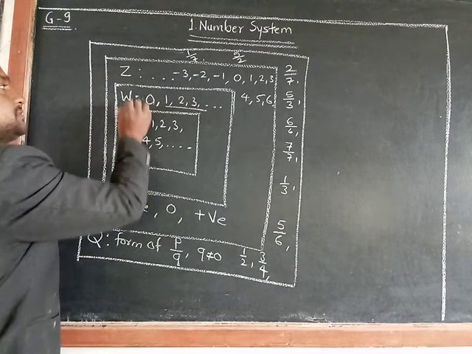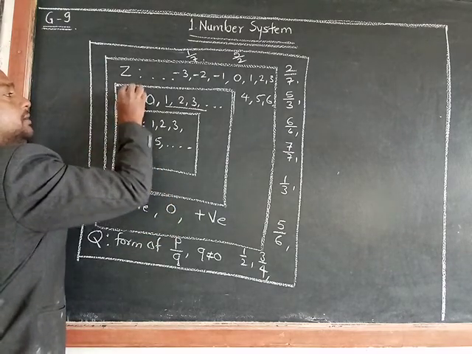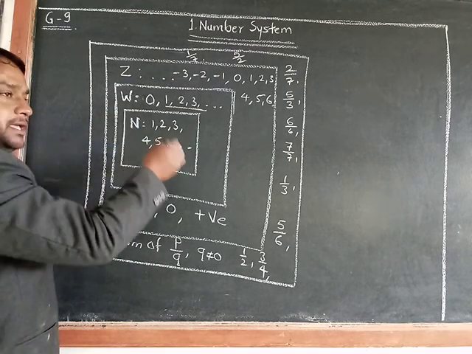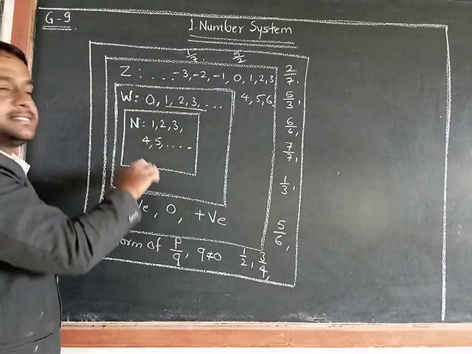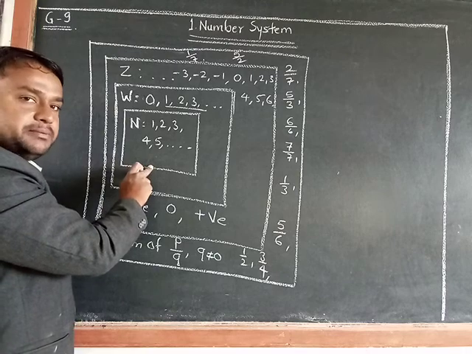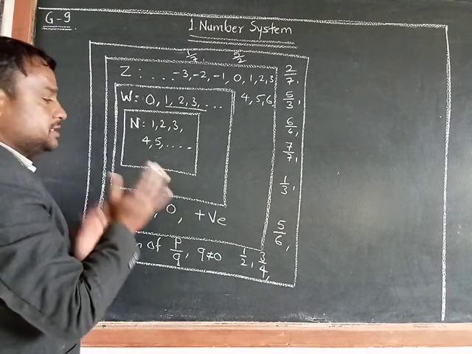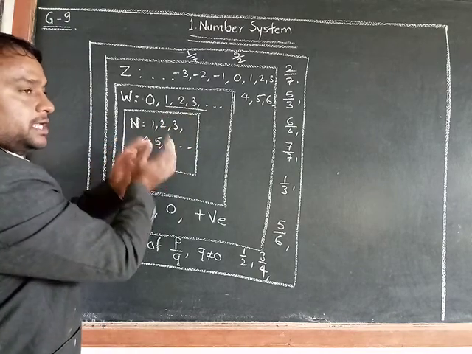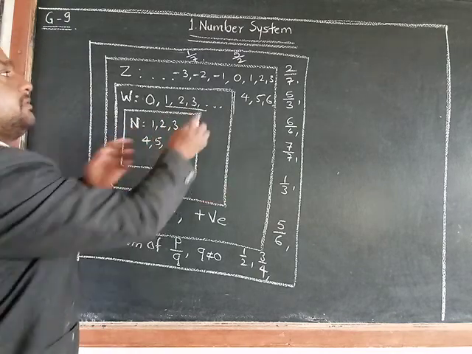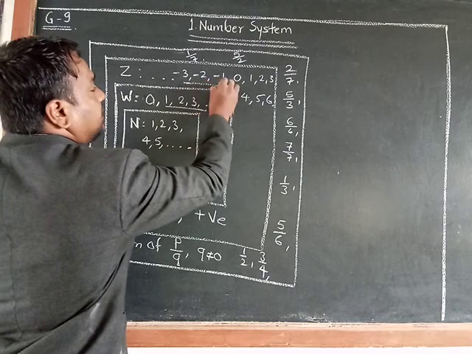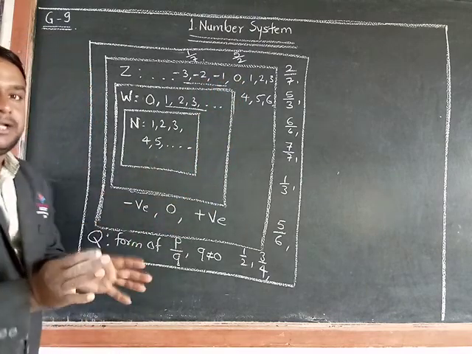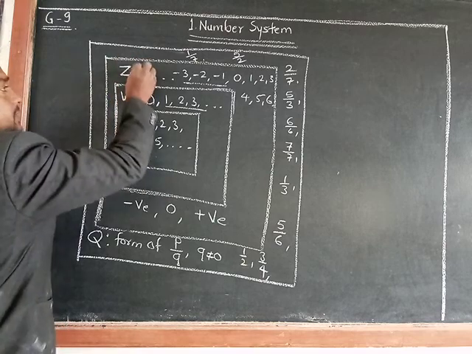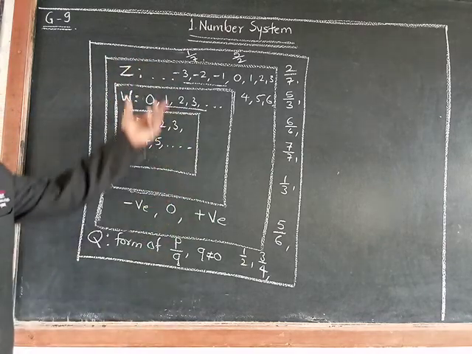Whole numbers are denoted with the symbol W, and whole numbers mean 0 plus the set of all natural numbers. Again, if we add negative numbers to the whole numbers, we get the set of integers. Z is the symbol of integers.